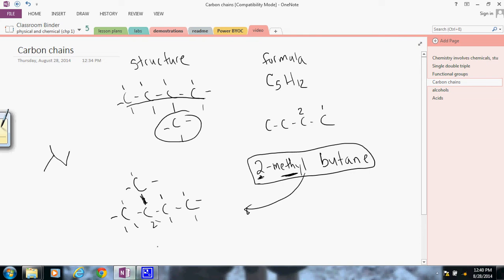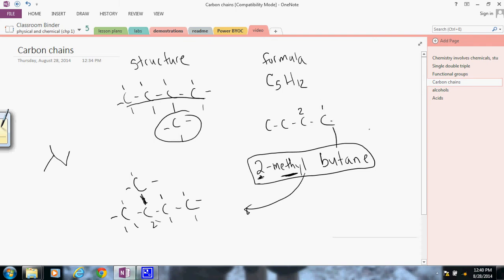So with carbons hanging off of chains, you simply name the longest possible chain. There are a lot of little examples you can work through to see how this works. Let's take a moment and give myself some room here.